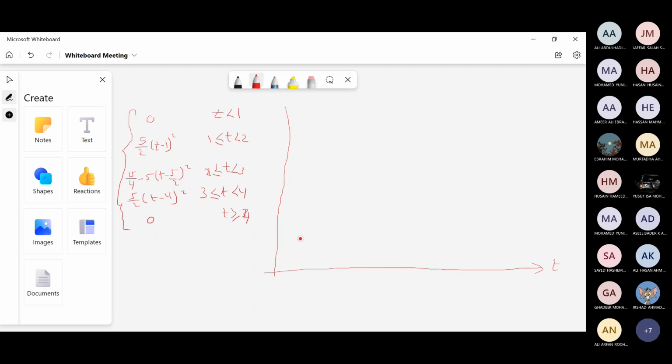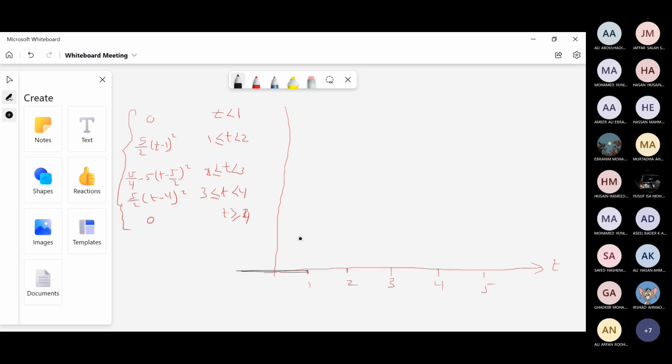So this is t. 1, 2, 3, 4, 5, and so on. So before 1, it is equal to 0. Between 1 and 2, it is equal to 5 over 2 (t minus 1).